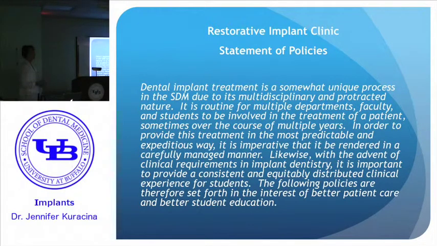It happens over the course of years sometimes, and so it's really important for us to have a handle on moving these patients through in an expeditious way, making sure nobody slips through the cracks, making sure now that there are requirements that students get to share in the patient load. So that's why we harp on this.